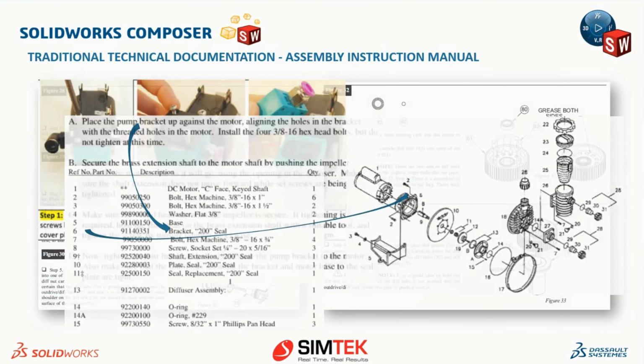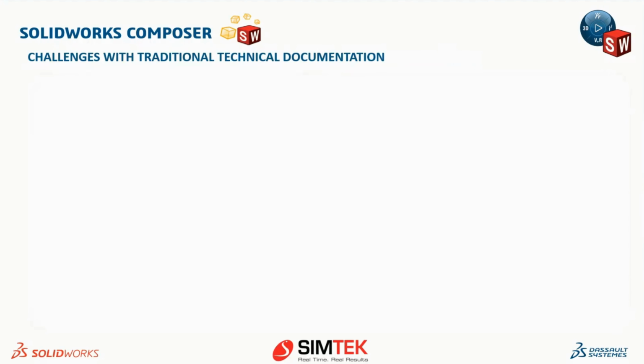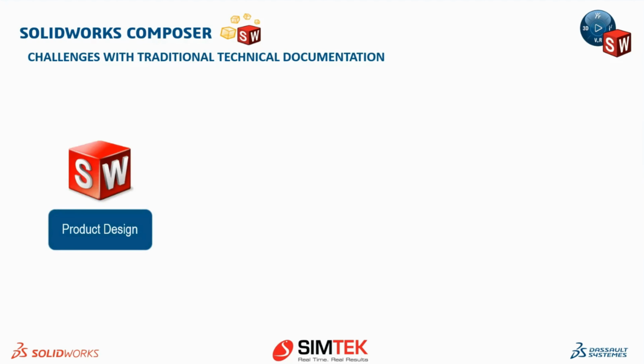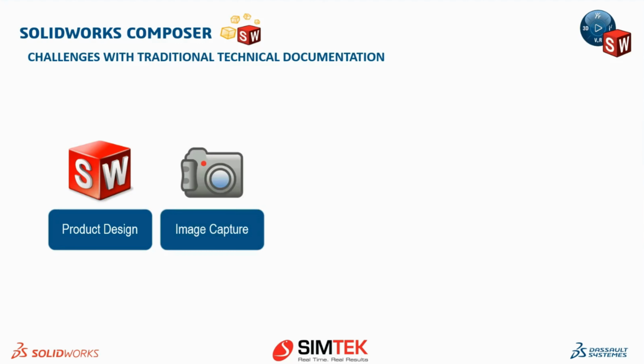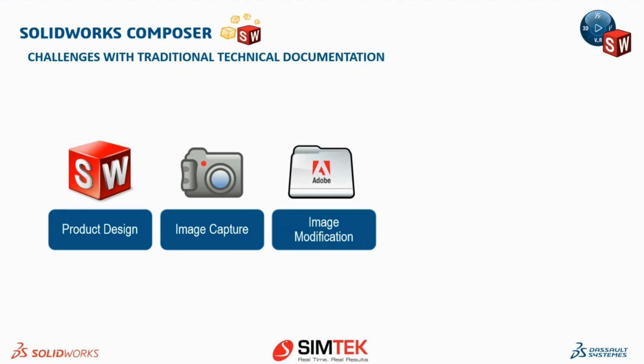For this, there are some challenges faced in the creation of traditional technical documentation. First of all, you should create your 3D model using your 3D CAD software. Then you capture an image, and after capturing the image, you should modify the image.